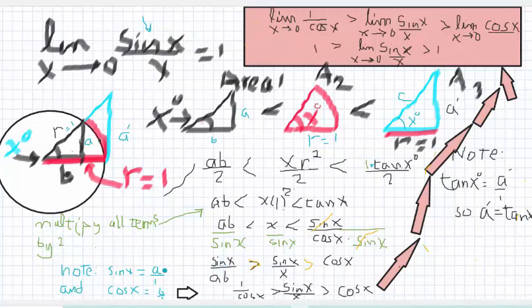So a and b are simply equal to sine and cosine. I can rewrite this as the sine of x times the cosine of x. Bear with me because I'm using my thumb here. You get it?